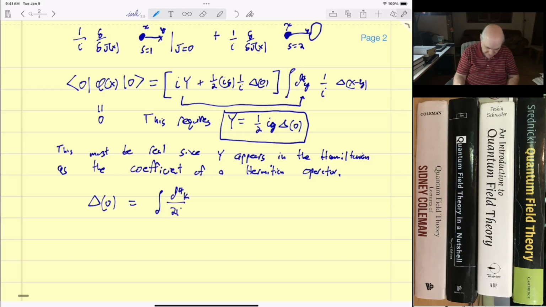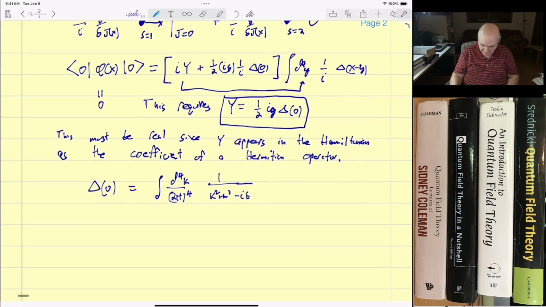The integral of d^4k over 2π to the 4th, 1 over k squared plus m squared minus iε. And it's not obvious that Δ(0) is pure imaginary, and it diverges.